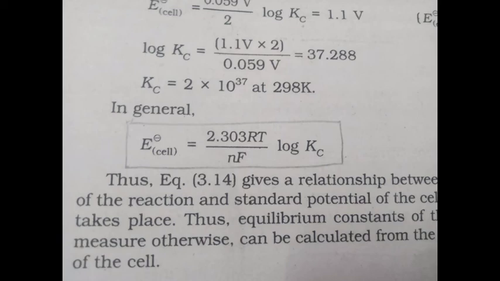And one more thing to note here is that previously we were using ln, that is natural log, in the previous Nernst equation, and now we used log instead of ln. So the relation is ln equals 2.303 log of whatever value you have inside.